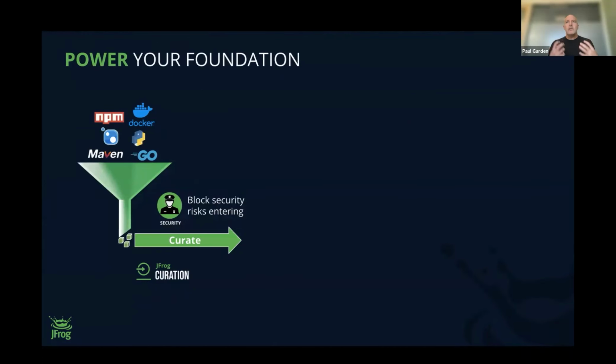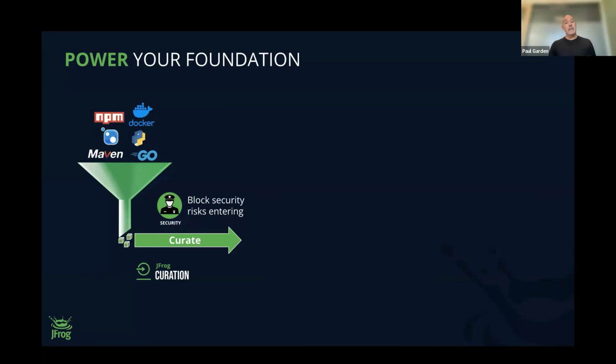So we want to power the foundation of your DevSecOps process or your software development lifecycle. Essentially what we're doing with curation is blocking security risks from entering your organization. So these packages are not even coming into your organization. We don't actually download the package and do the scan.